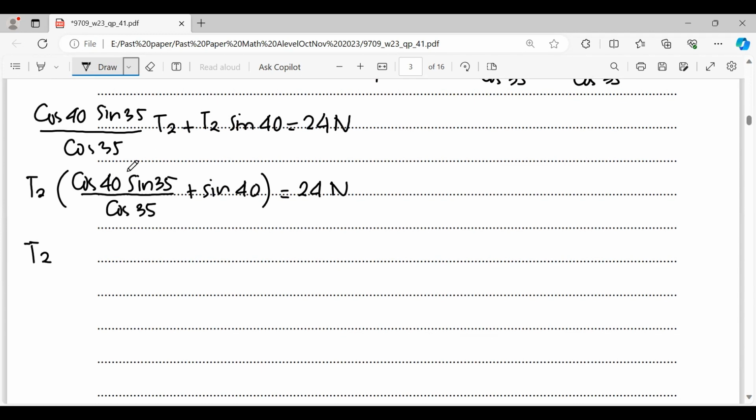I'm going to find cosine 40 times sine 35 over cosine 35 through calculator.